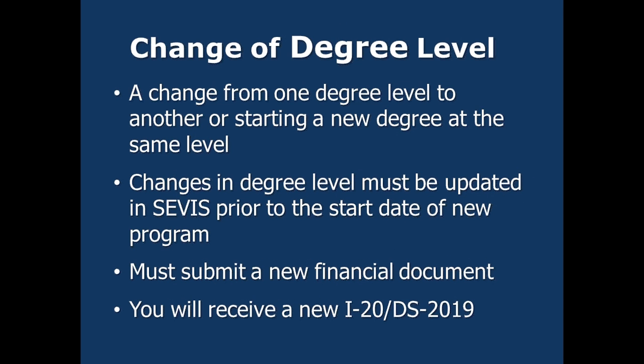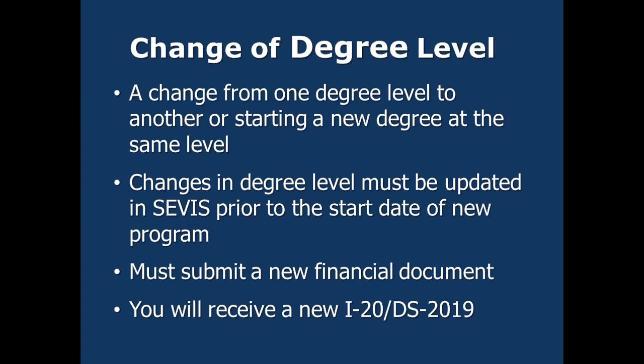Change of degree level. This is a change from one degree level to another, or starting a new degree at the same level. For example, you want to start a new sequential or a second master's degree or a second bachelor's degree. We call this change of degree level.